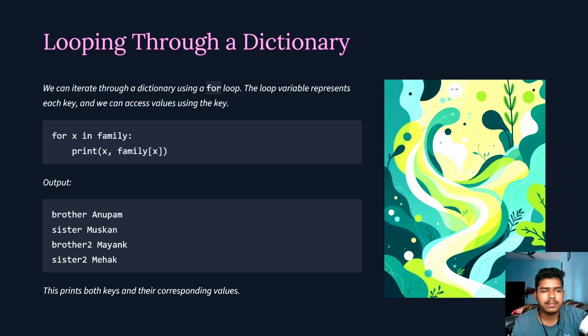Looping through a dictionary. We can iterate through a dictionary using a for loop. The loop variable represents each key and we can access values using the key. Like for x in family, print x comma family x. Then we get output brother Anupam, sister Muskan, brother 2 Mayank, and sister 2 Mehak.